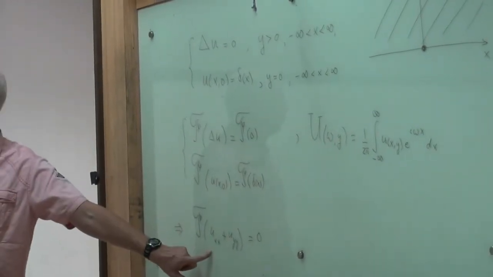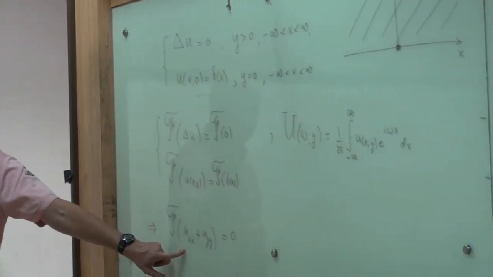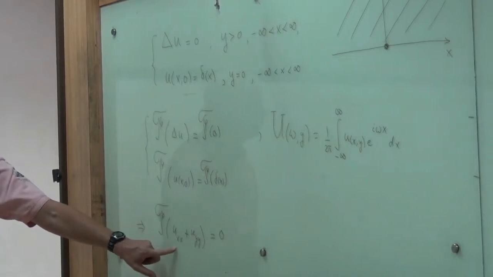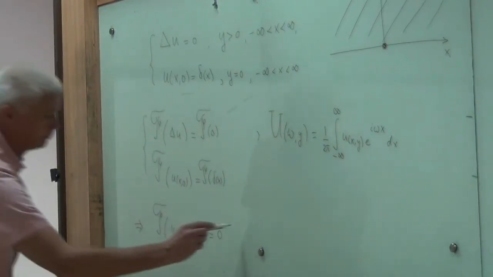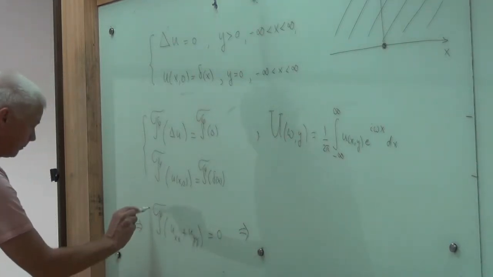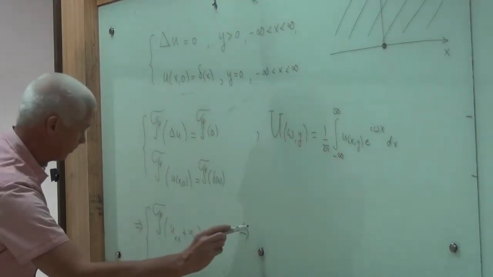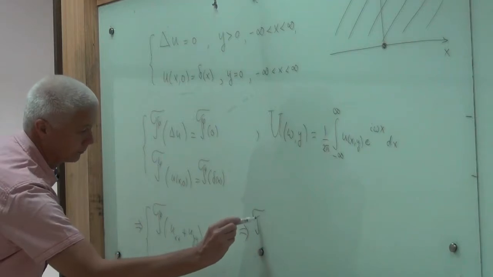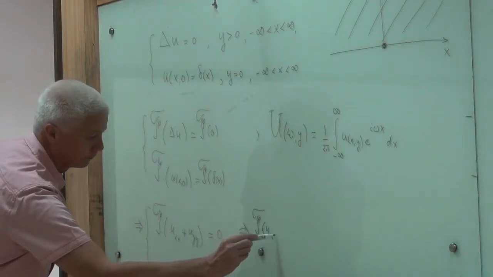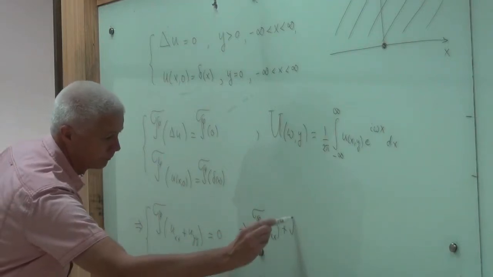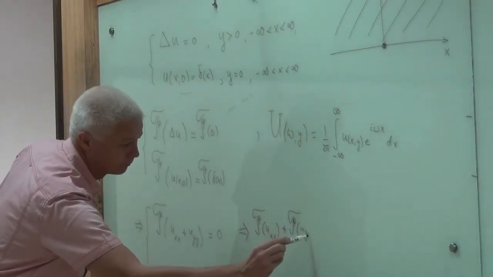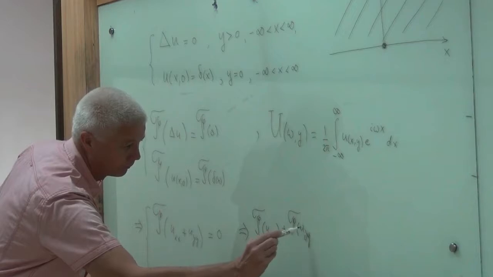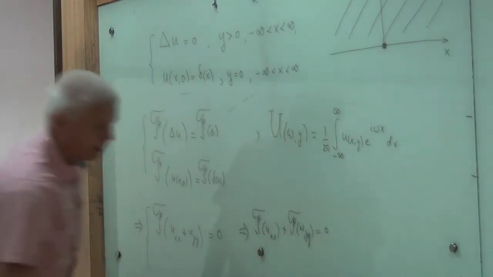Then I know that the Fourier transform is a linear transformation, so it's the Fourier transform of u_xx plus the Fourier transform of u_yy.